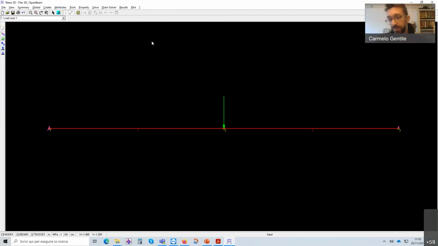To solve the structure, you only have to go on the solve menu, and you have the possibility to have linear static analysis, linear dynamic analysis, second order static analysis, or evaluate the natural frequency or the spectral response, or perform some computation based on the spectral response and on the static forces. But for us, it's just a linear static analysis.